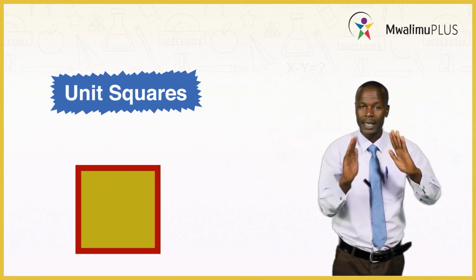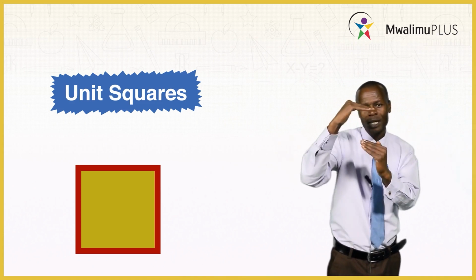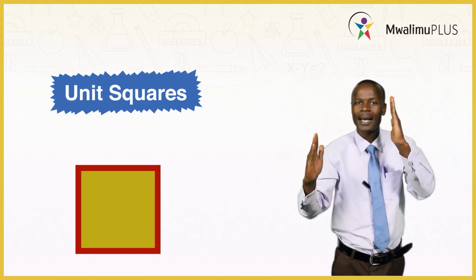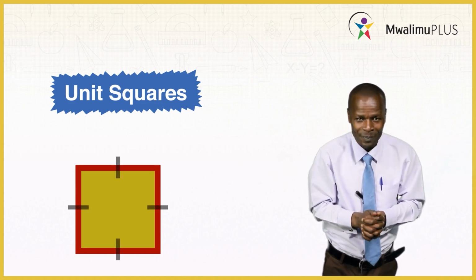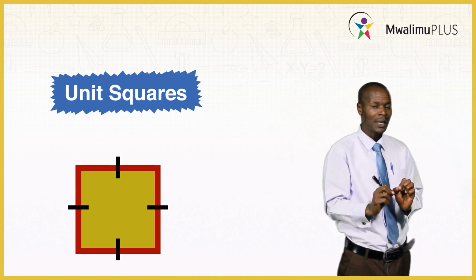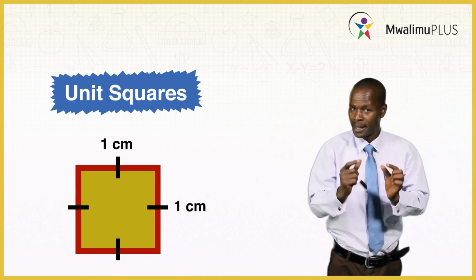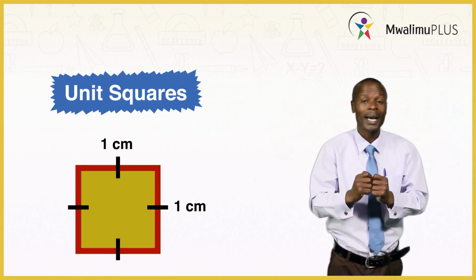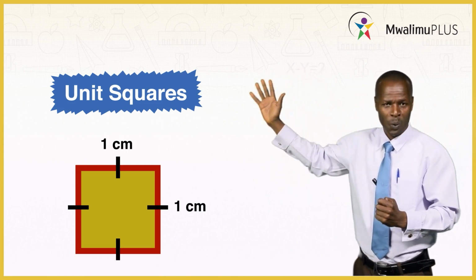If you are drawing it on plain paper, there is the bottom side, the top side, this side and this side, and all those sides are equal, and each of them should be a centimeter long. That is a unit square. This is exactly what we are going to put in those rectangles and squares that I've talked about.